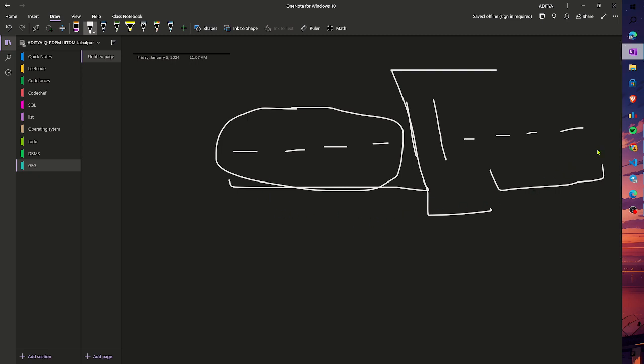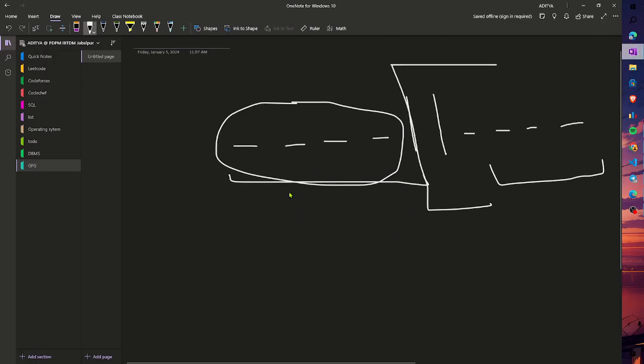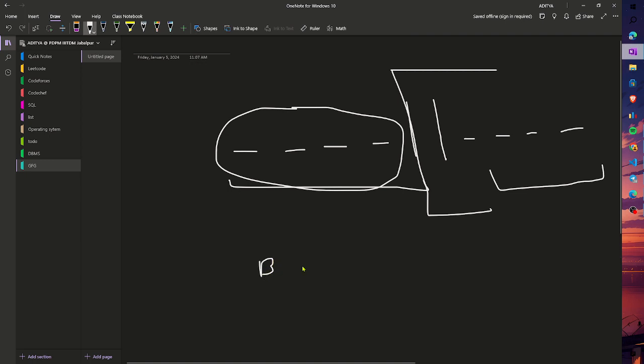We have one condition: we have to ensure that no two buildings are adjacent to each other. For example, we cannot have a building like this and this, so we have to ensure there are no adjacent buildings.